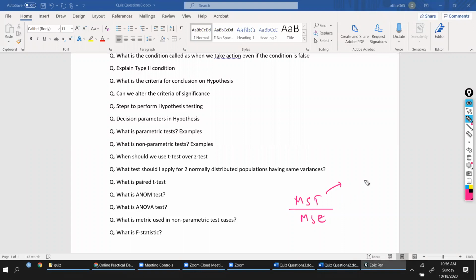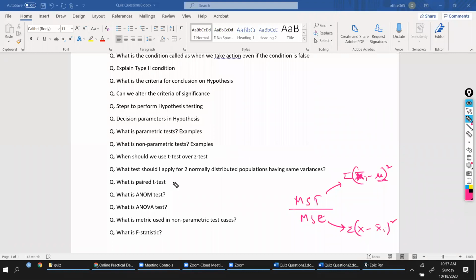When I say treatment, it is the sum of the squared deviations between groups, so X bar minus mu, the grand average, sum of the squared differences is what we take. And this is X minus X bar whole square. So this is how we calculate F statistic.